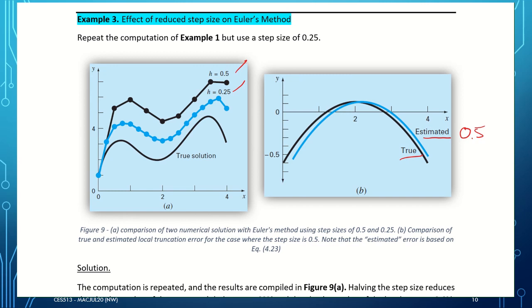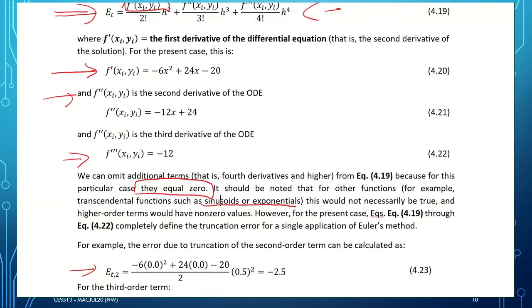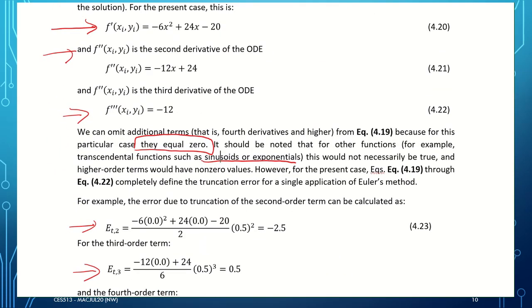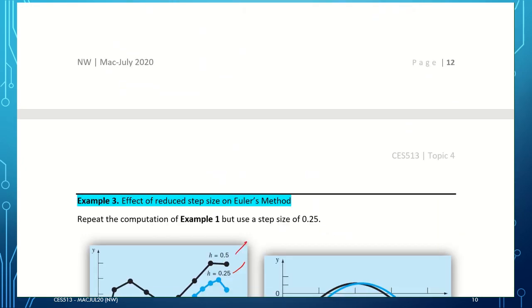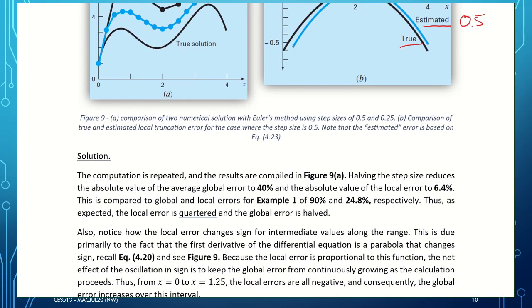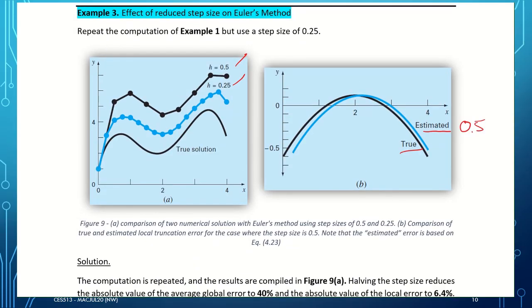Note that the estimated error is based on equation 4.23. So for the solution, the computation is repeated and the results are compiled in figure 9a.